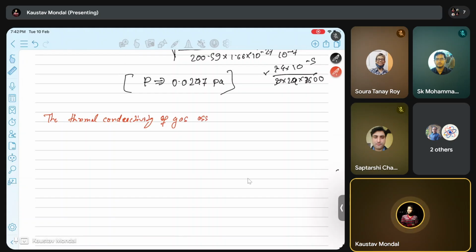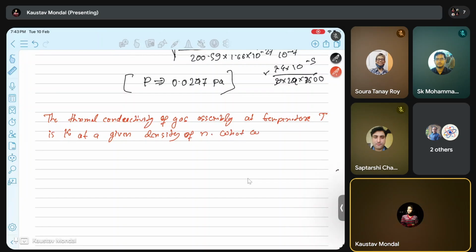The thermal conductivity of a gas assembly at temperature T Kelvin at a given number density of n.